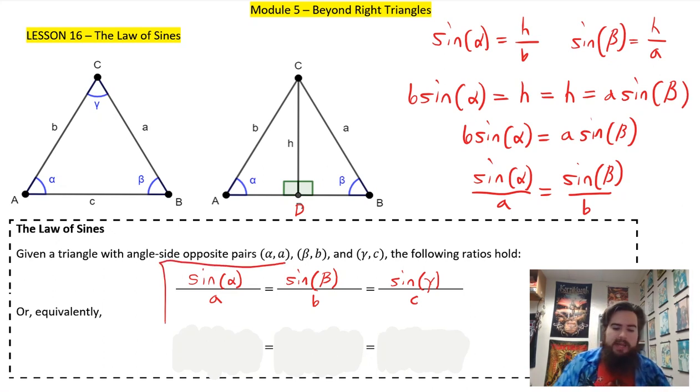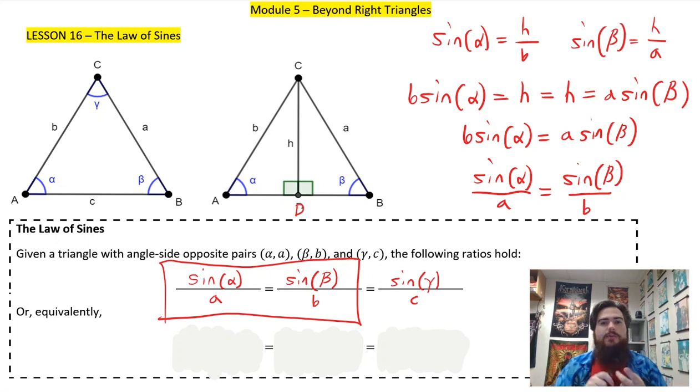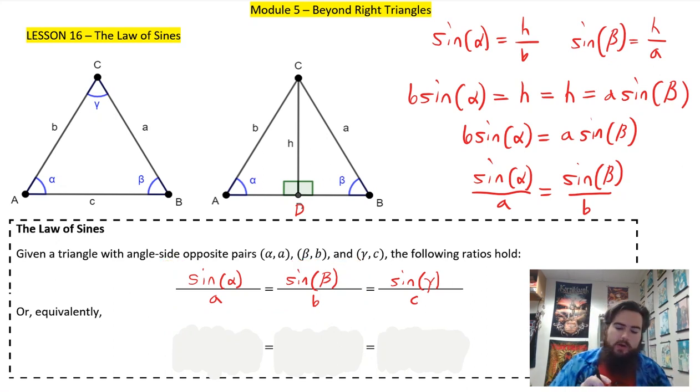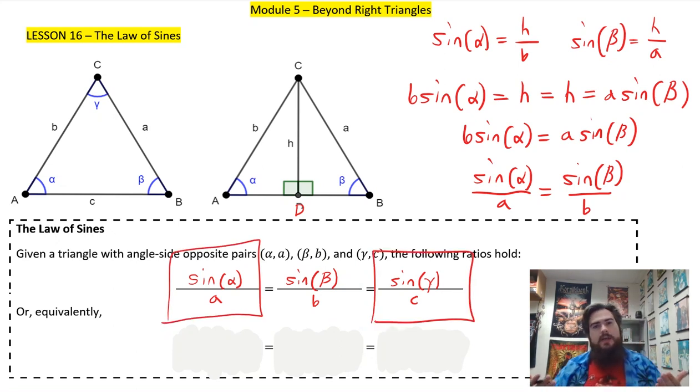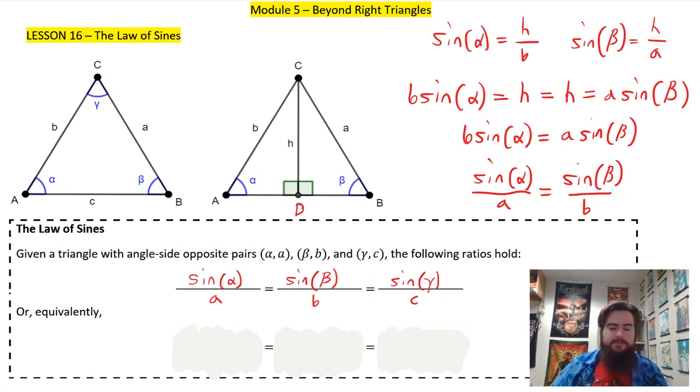For example, maybe you want to use these first two because you have alpha, beta, and A, and you want to solve for one of the other side lengths, in this case B. Or maybe you want to use sine of alpha over A and set that equal to sine of gamma over C. Maybe you have gamma, A, and C, and you want to solve for alpha. As long as we have any three of these pieces, then we can solve for another.